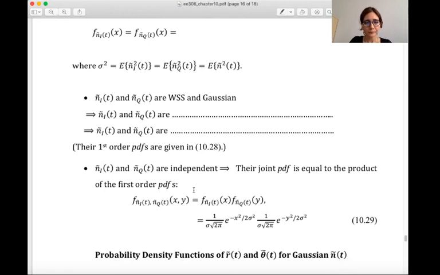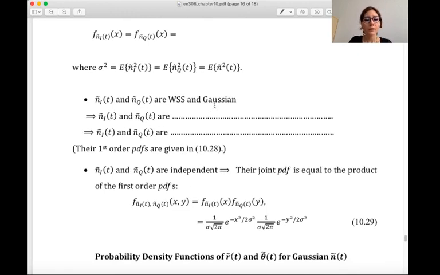Now, well, if they're Gaussian, we saw that these two random variables, which are normally uncorrelated, become also independent. But then if they are independent, we can completely write down their joint density because it's as easy as multiplying together the first order densities that we wrote down in here.